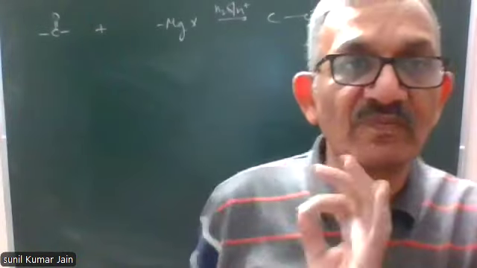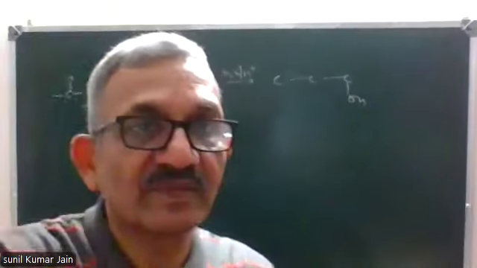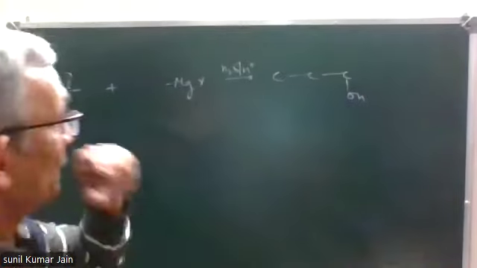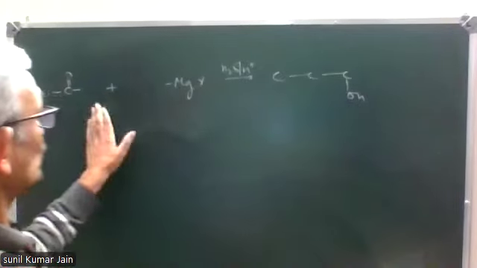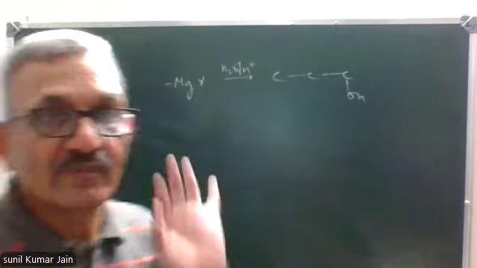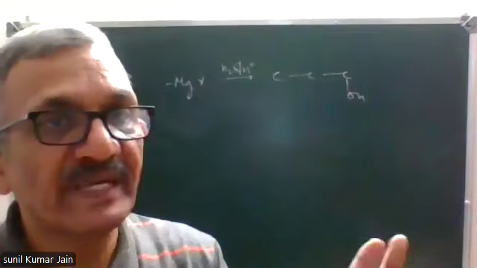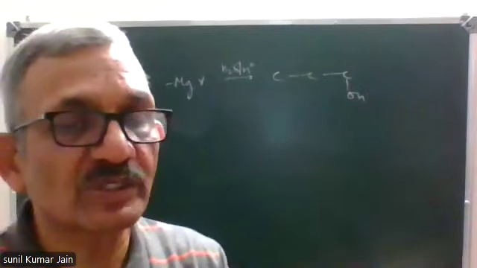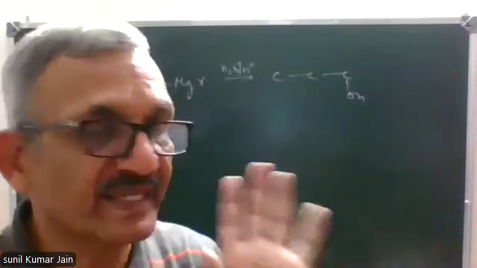If I want to prepare 1-propanol by this method, then what are these two reactants? First of all, complete the valency of the carbon to which the OH group is attached.